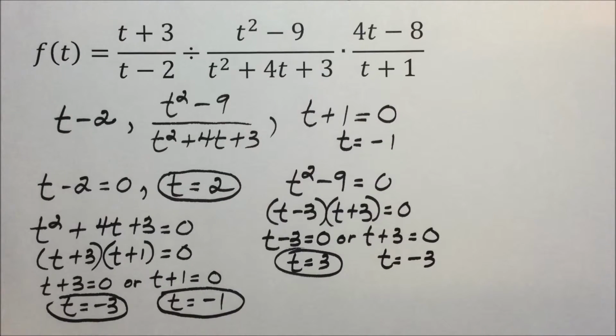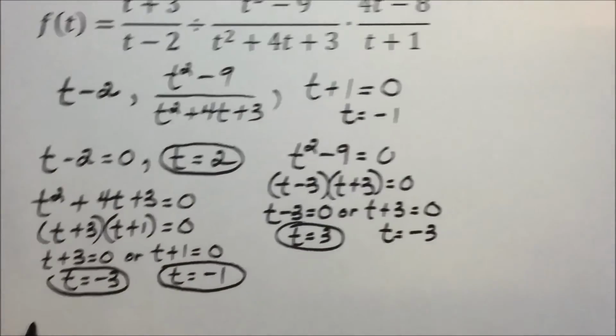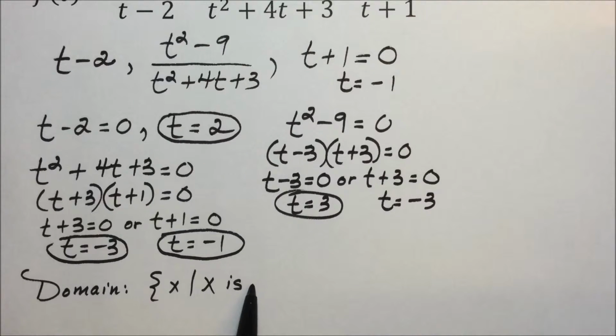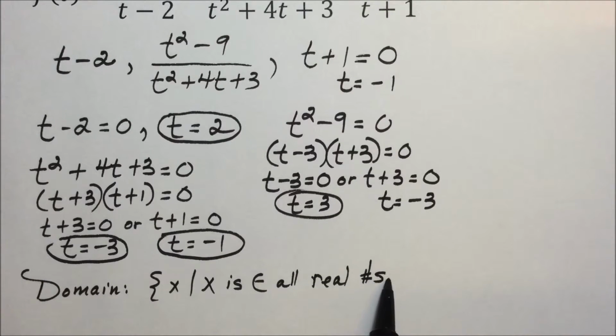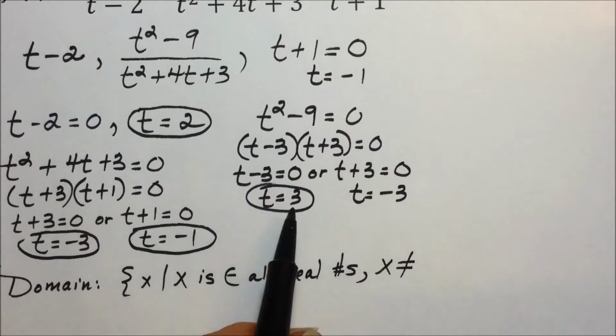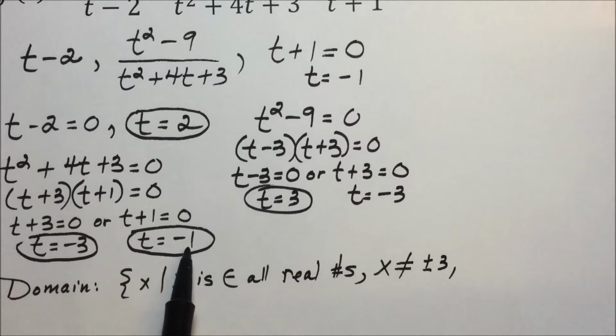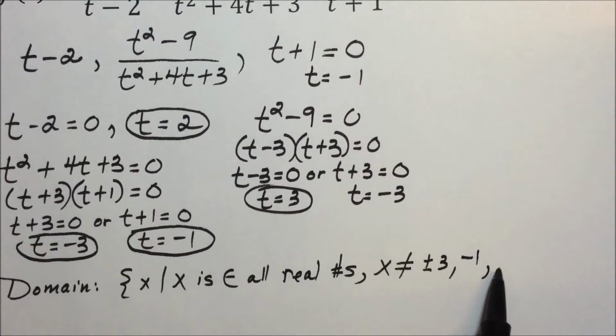So our domain will be x such that x is an element of all real numbers except x cannot be positive and negative 3, it cannot be 1, negative 1, and it also cannot be 2.